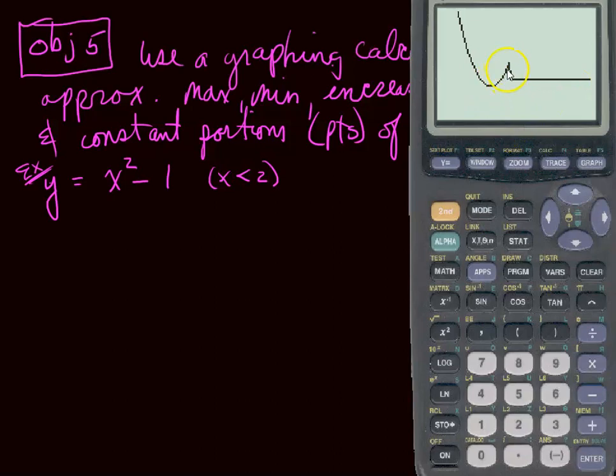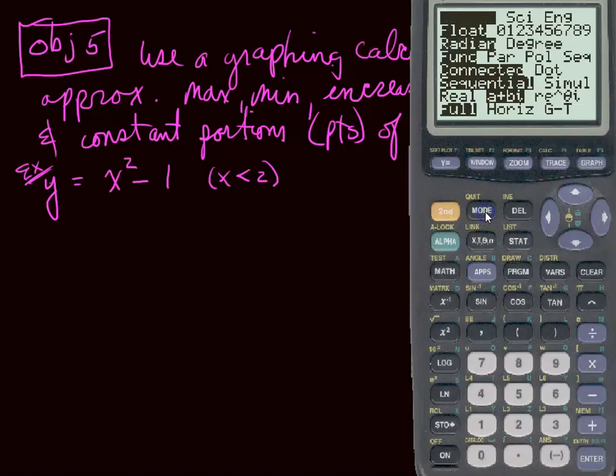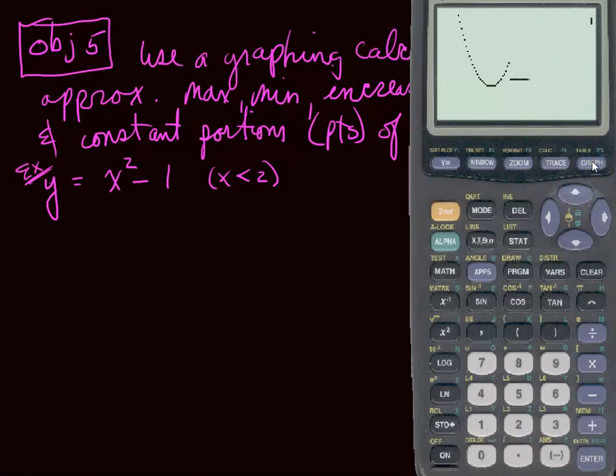How do you get rid of this vertical part here? Because that's not part of it either. Well, that's the mode. Right now it's in connected mode. If we put it in dot mode, then it'll graph that. But the problem there is it puts some space in between some of these.